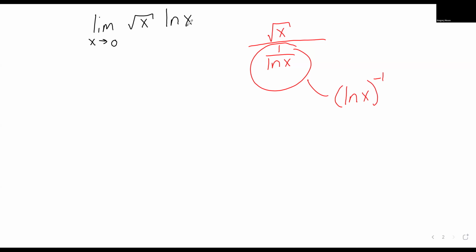In particular, one over the natural log is the natural log to the negative first. So if you take the derivative, you have to use the chain rule.